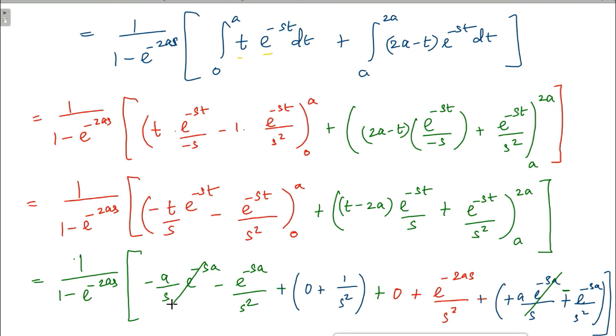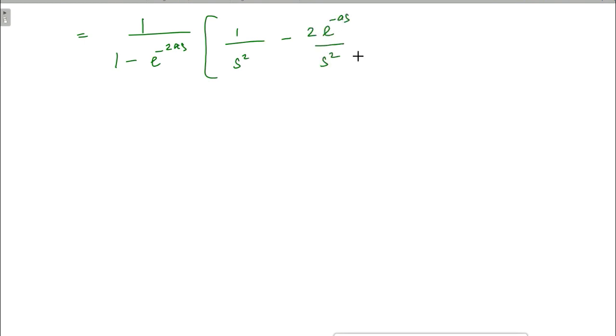I think you may get 4 remaining non-zero terms. They are not going to be cancelled. So from that I'm going to simplify some. I'm going to apply some formulas to simplify. So you may get 1 by 1 minus e power minus 2as, into 1 by s square minus 2 e power minus as divided by s square plus e power minus 2as divided by s square.